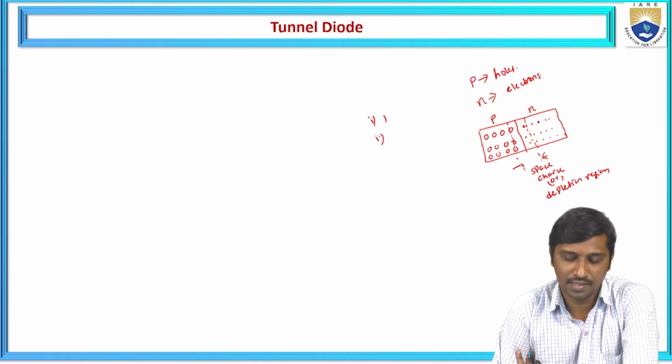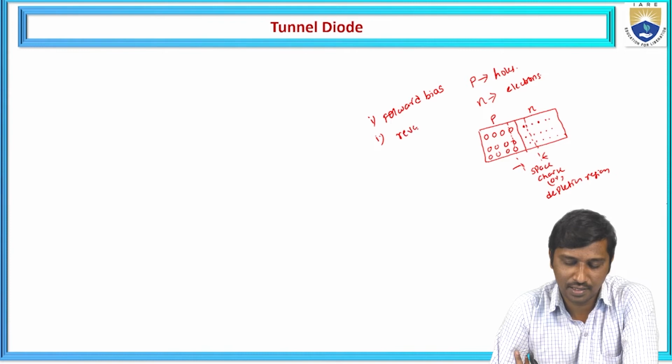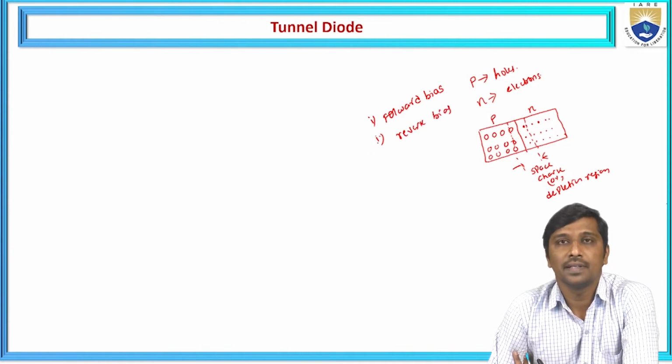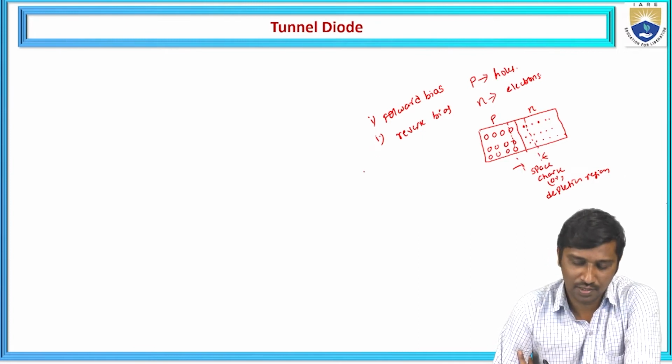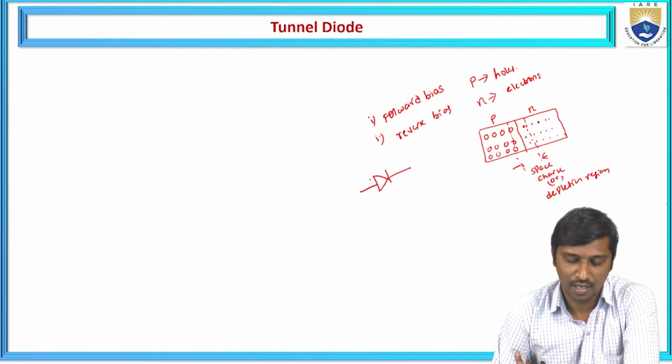It is defined in two ways. One is in the forward direction, which is the forward bias configuration. The other is the reverse bias configuration, called reverse bias. Already we discussed forward bias: let us consider this is a normal PN junction diode, with a P-type material and an N-type material.